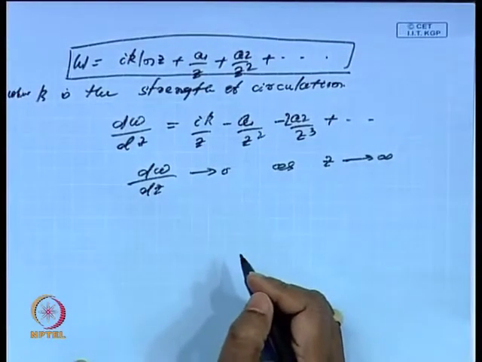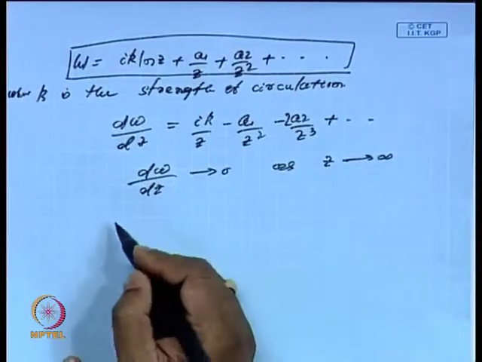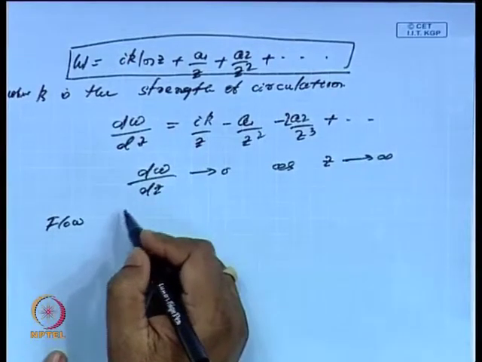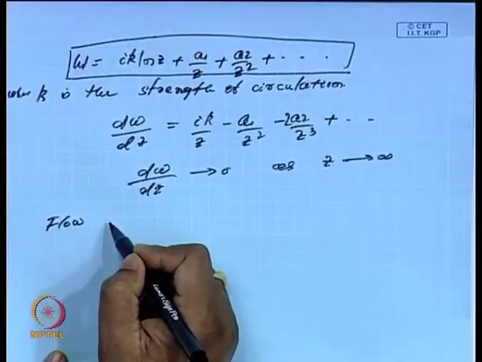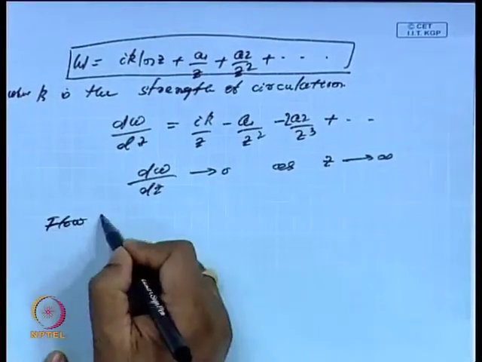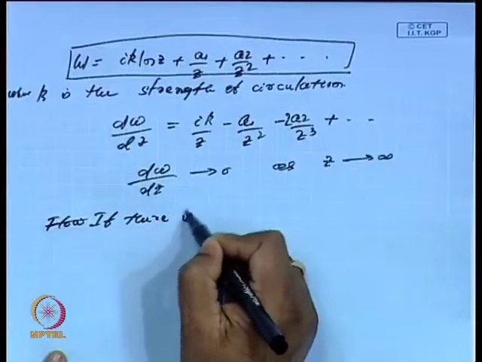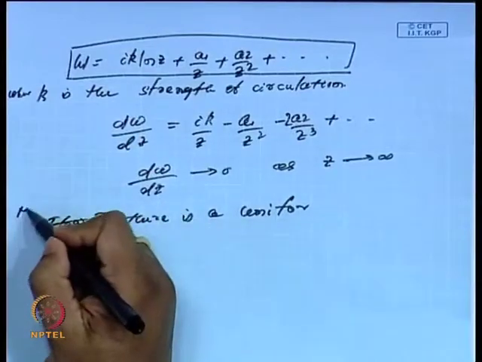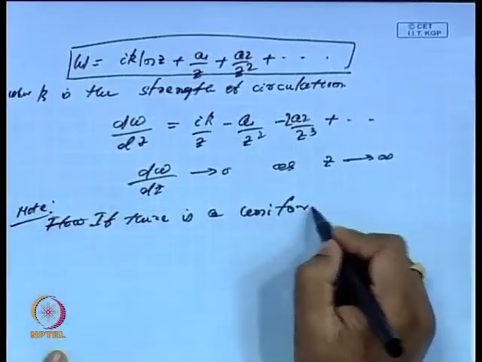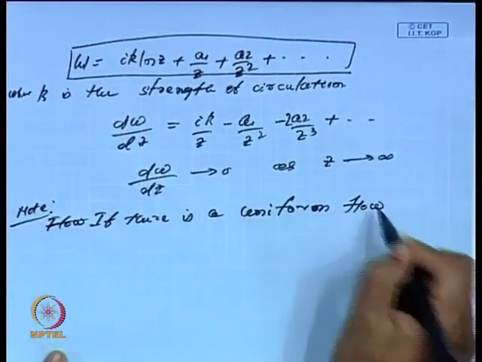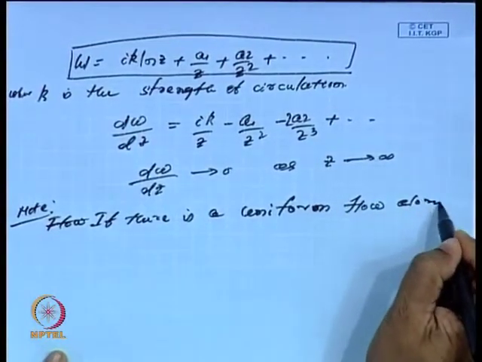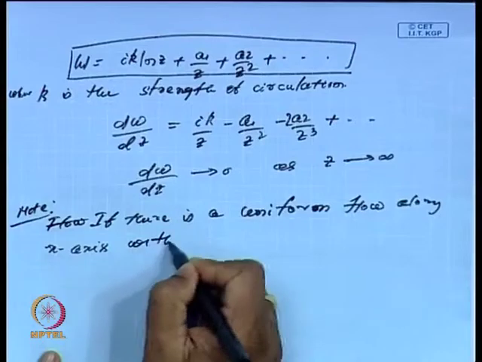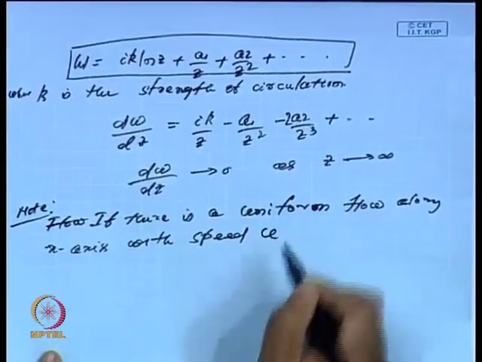In addition, suppose there is a uniform flow along the x axis with speed u when the cylinder is moving.